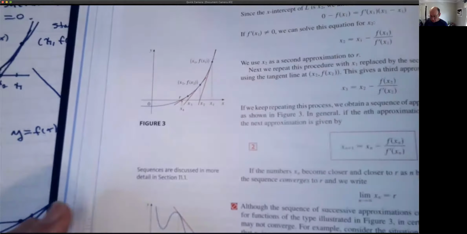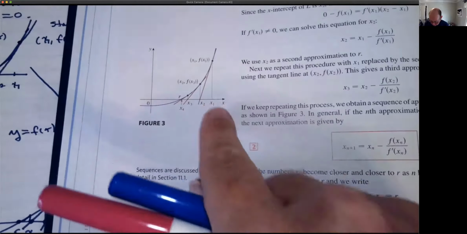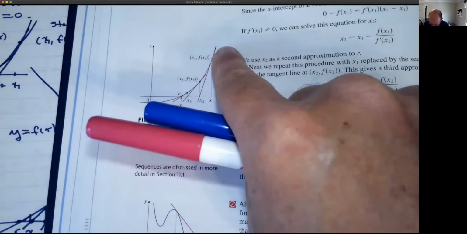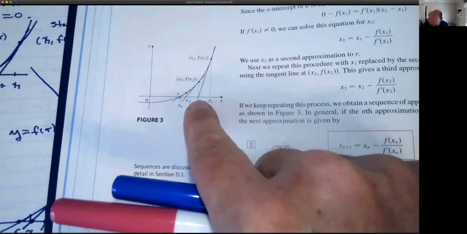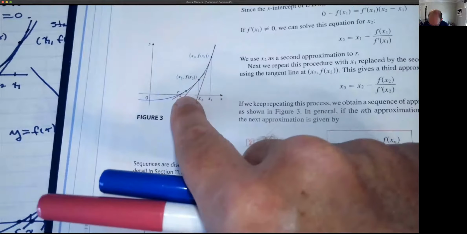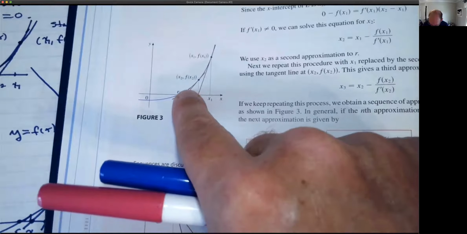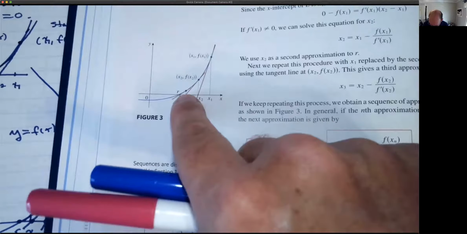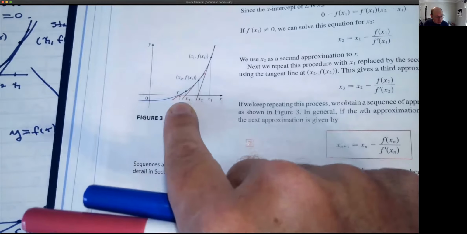All right, so here is x1. We follow down the tangent line to x2. We jump up to the graph, take another tangent line, hit it at x3, jump up to the graph, another one, x4, steadily getting very close to r.